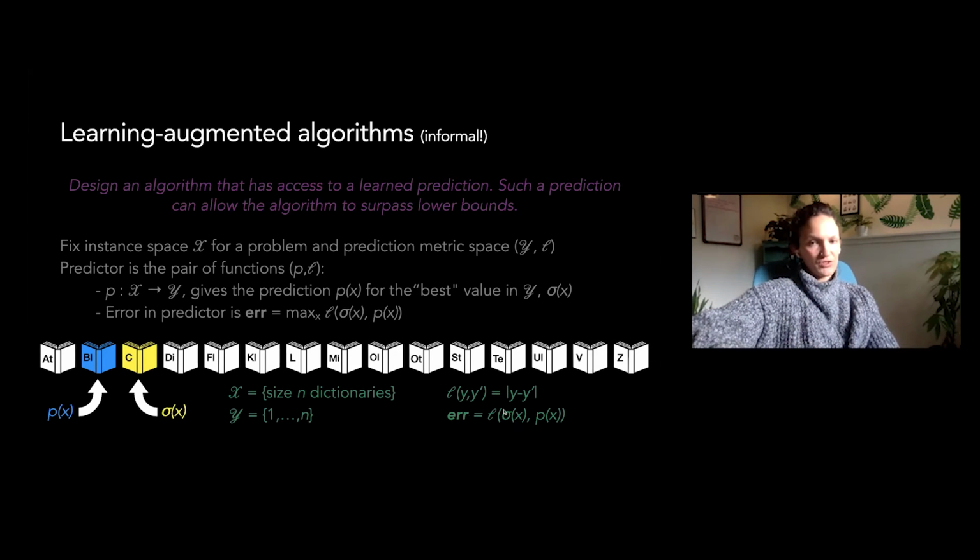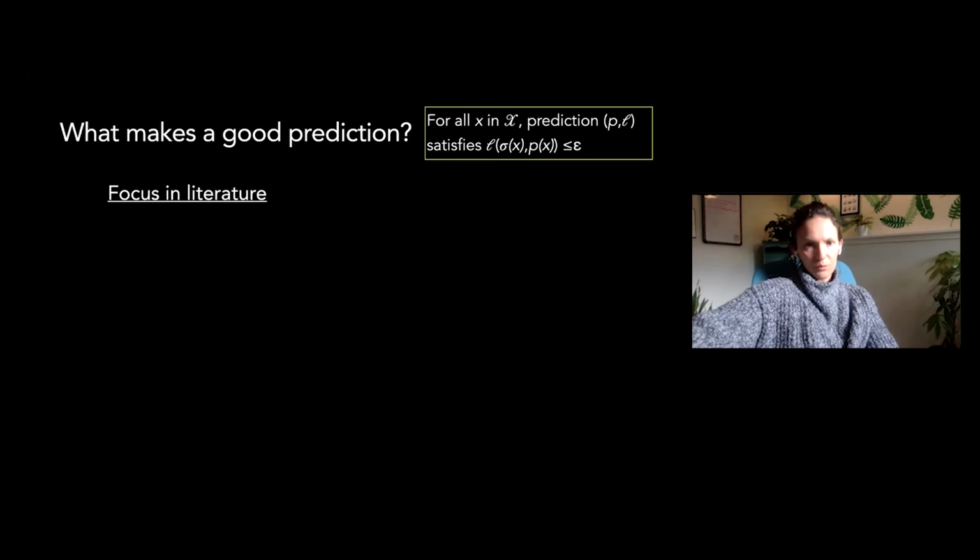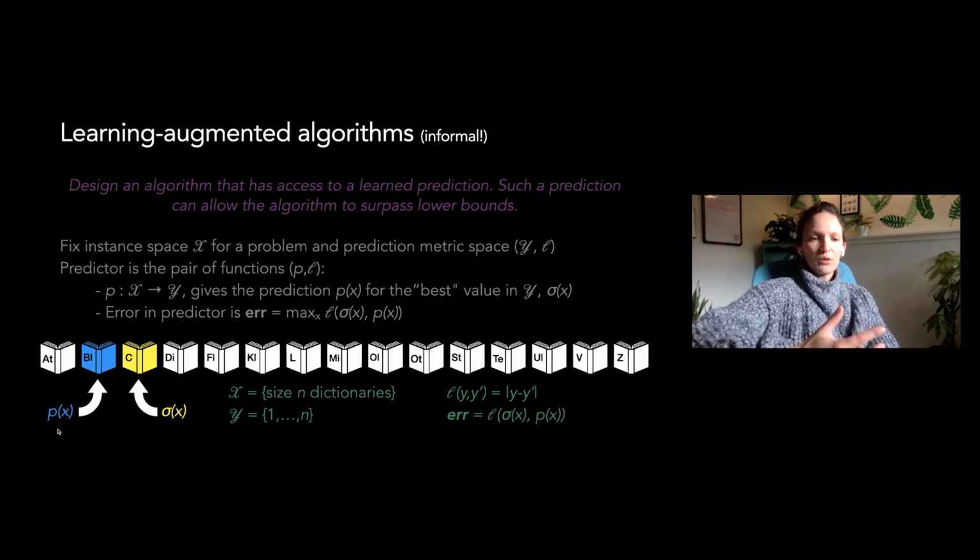And then the error is just that between the predicted position of the book versus the actual position of the book. So in our example, we predicted that the index that we wanted was index 2, but actually it was index 3. Whoops, that was a little fast. And so the point is, what does the algorithm do? The algorithm is given access to a predictor that has at most some error epsilon, and then you can give guarantees on the algorithm based on its epsilon-good predictor.